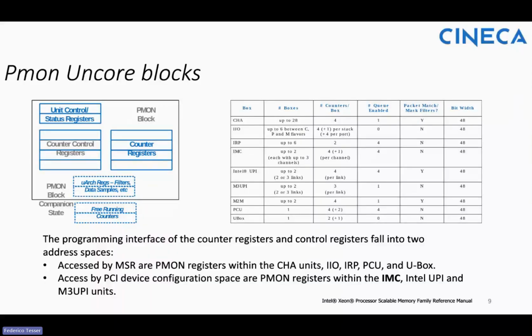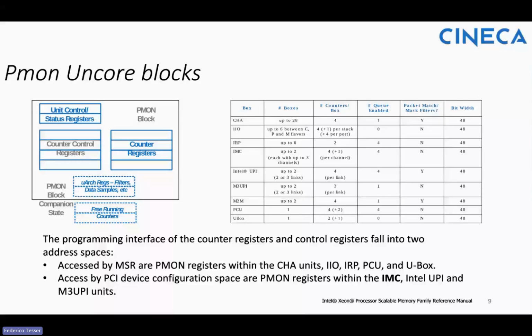On the right, you can see a little list of the different PMUs you can find for the Uncore parts, like the integrated memory controller, the U-box, the input-output controller, something like that. Depending on which box you are in, you can access the program interface, so the control registers, and get information from the counter registers in different ways.